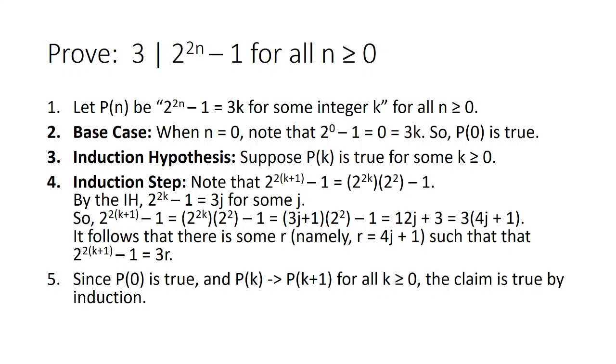By the induction hypothesis, 2 to the 2k minus 1 will be 3j for some j.